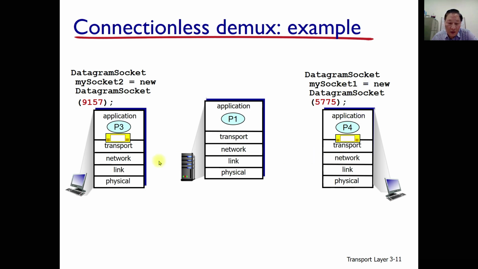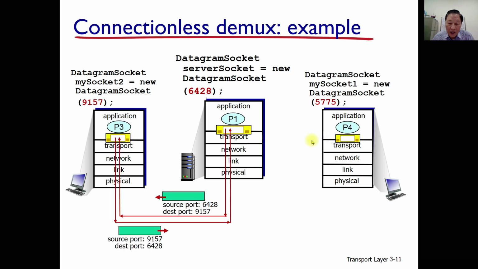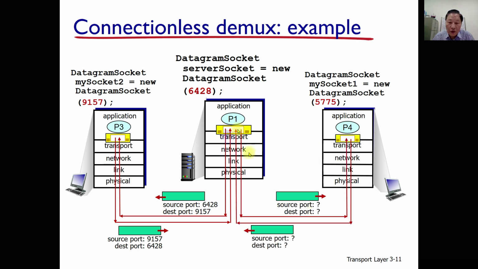There are two clients in this simplified example with different port numbers, and this one is the server socket while the others are client sockets, we can assume. They are sending to this server, and even though they are different clients, they are using the same server socket here.